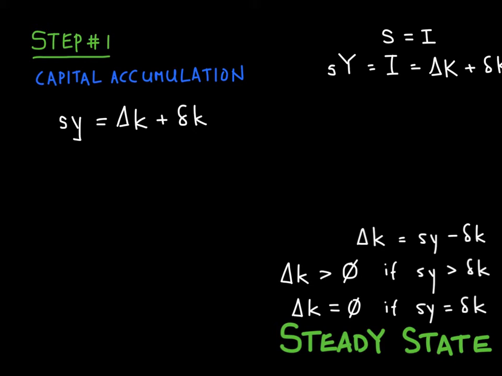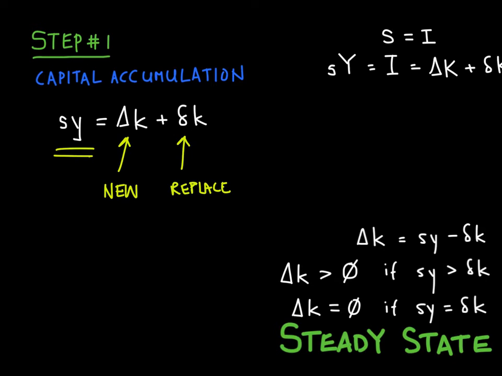This savings has to be split up between the creation of new capital, so we have new capital here, and we also have to replace the depreciated capital. In particular, before we can start giving the workers more machines, we have to replace all the machines that were depreciated away over time.